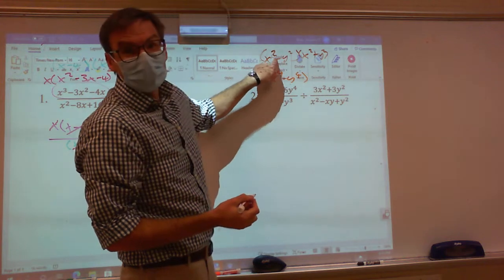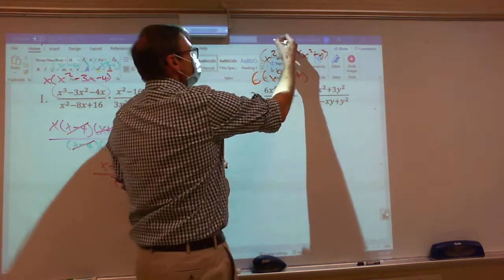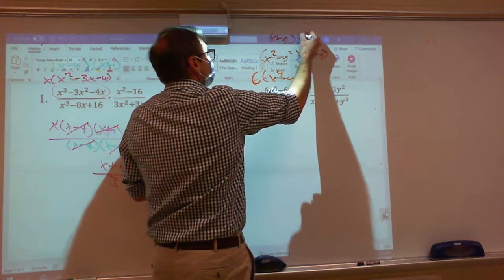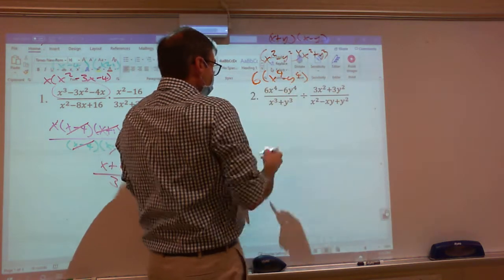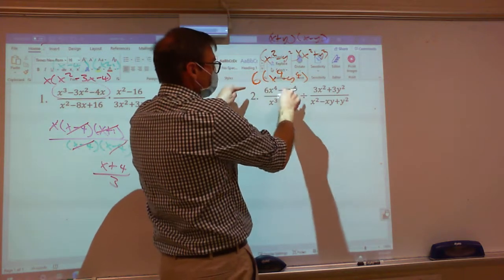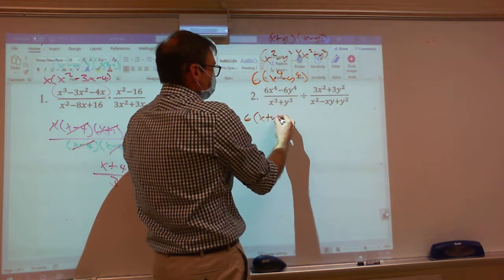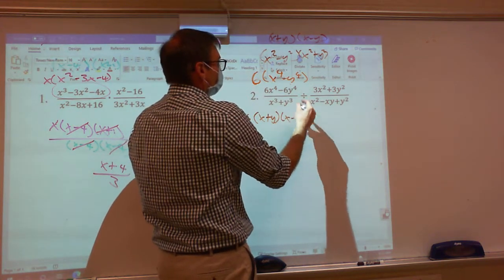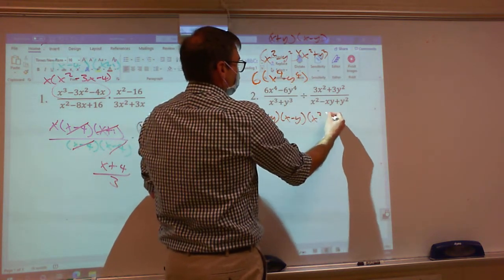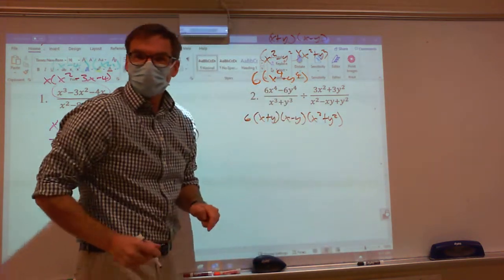And I'm not done yet either, because that's also a difference of squares. And so that gives me x plus y times x minus y. So the whole top part of this first fraction is going to give me a 6, then x plus y, x minus y, and then an x squared plus y squared. All of this was that part.